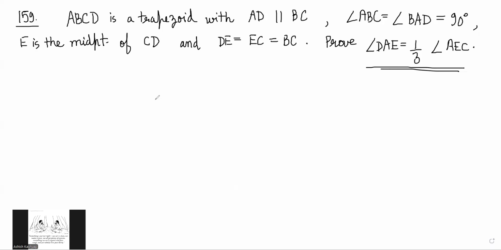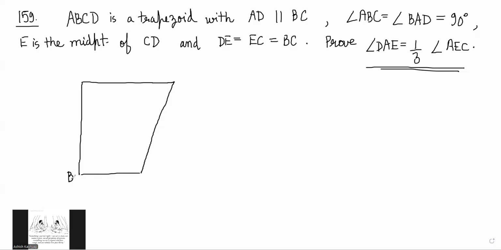Okay, we have to make a trapezium with AD parallel to BC. Angle ABC and BAD should be 90, so one side should be like a 90 degree, and AD parallel to BC, let's say.